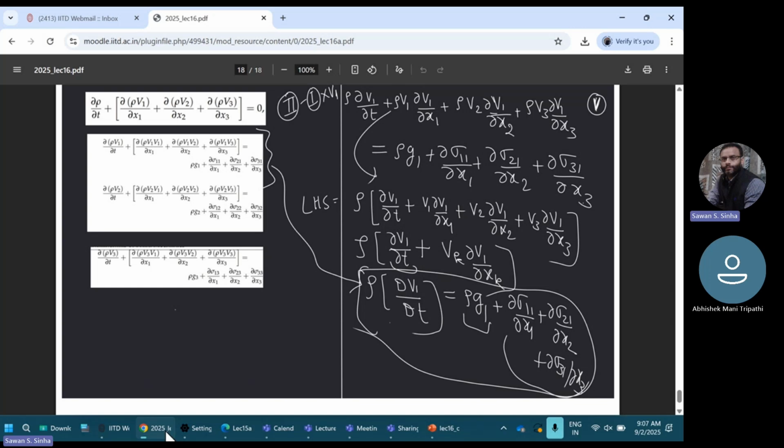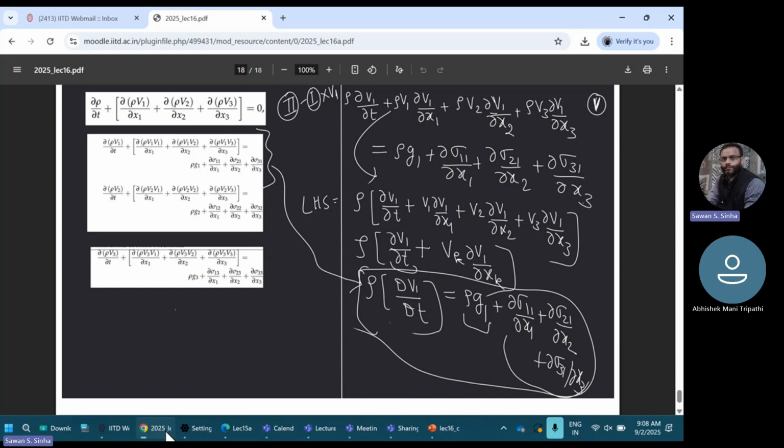Velocity is a vector, so it has two more components. I would like to derive the equations for those two components as well. One way is to actually perform all the steps that I did for V1, and the other way is to recognize the pattern here and get equations for V2 and V3 also.